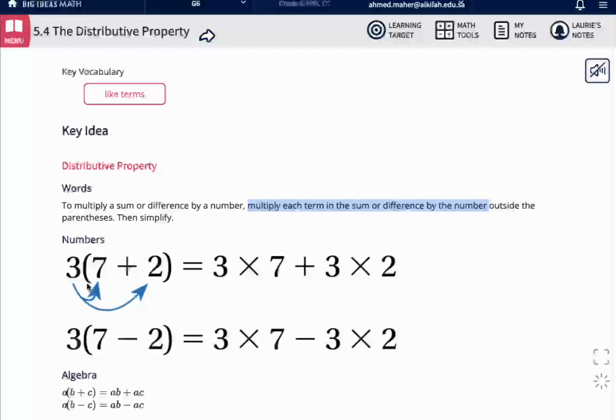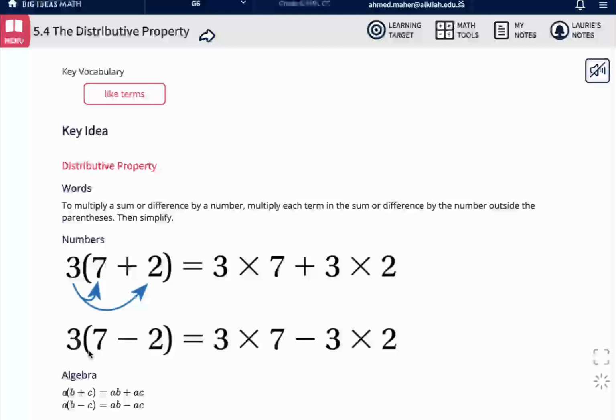So here, for example, we have 3 multiplied by the quantity 7 plus 2. So we multiply the 3 by the first term, then multiply 3 by the second term. So 3 times 7 plus 3 multiplied by 2.